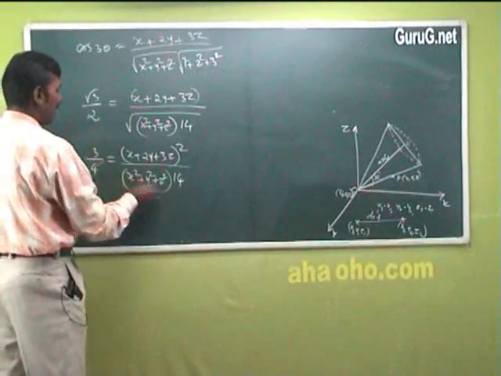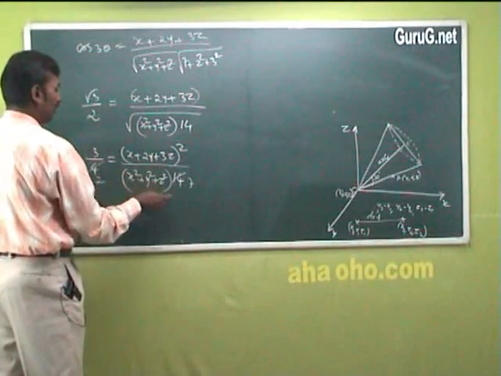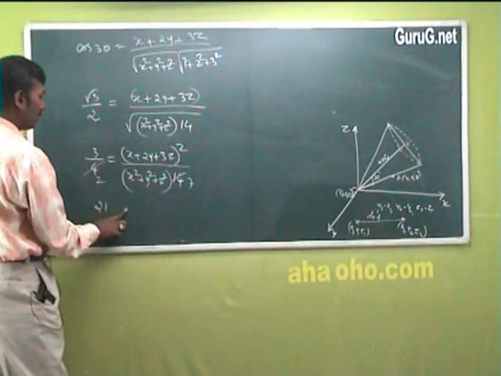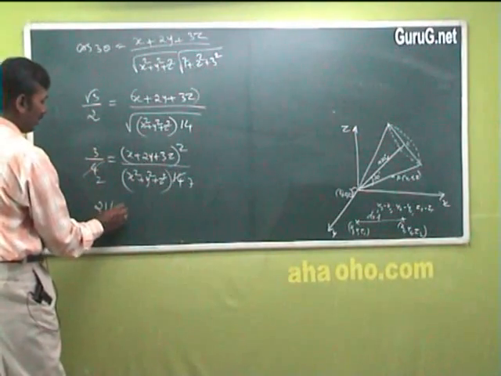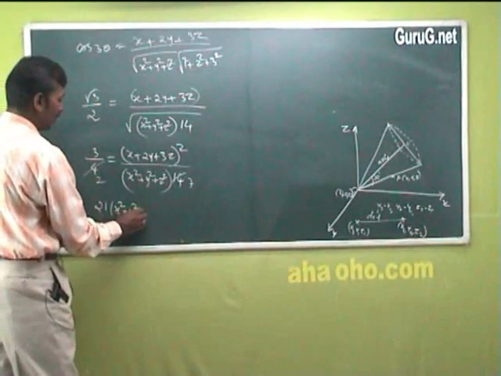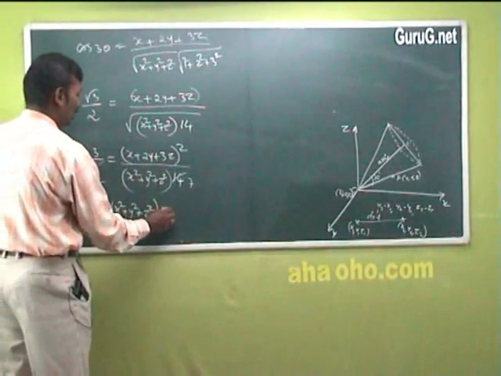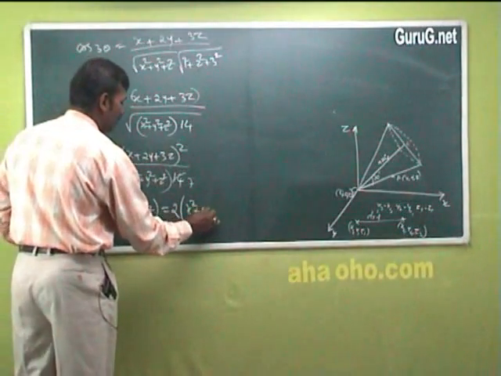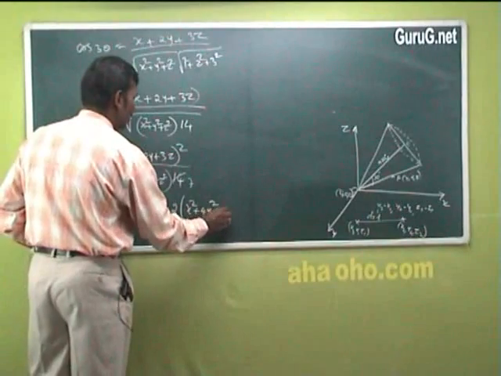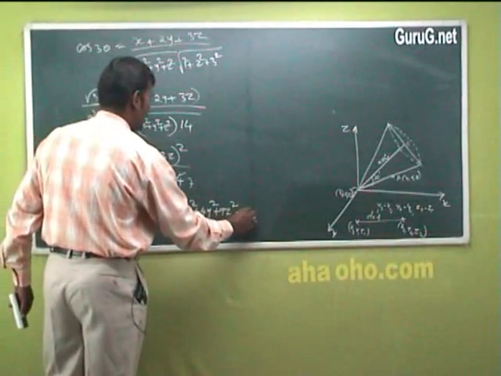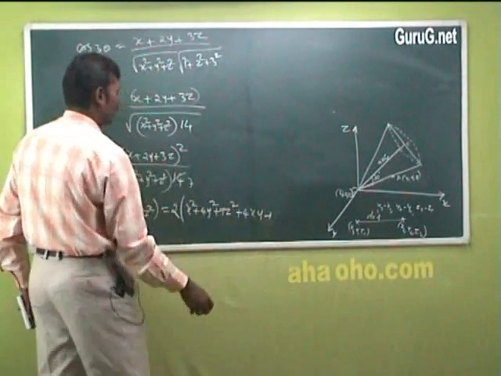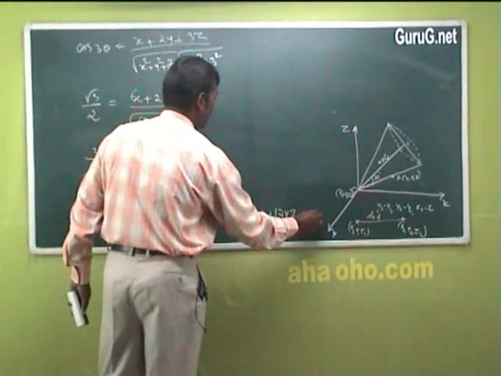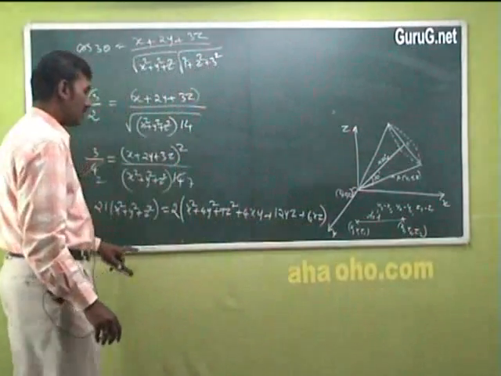So cross multiply it. So 21 into x squared plus y squared plus z squared equals 2 into, expand it, x squared plus 4y squared plus 9z squared plus 4xy plus 12yz plus 6xz, right? Just simplify it.